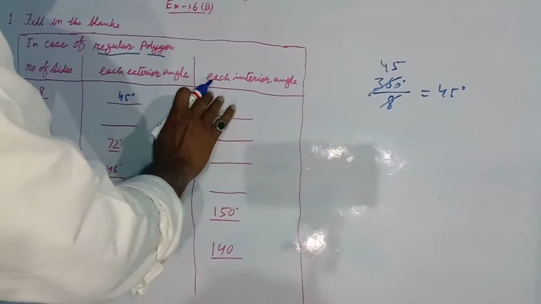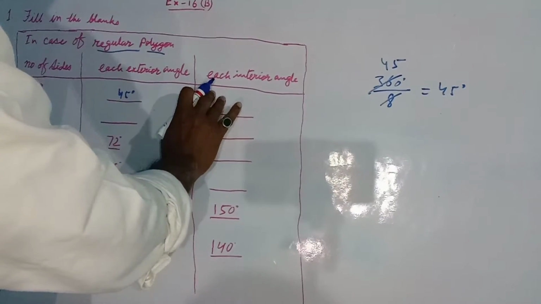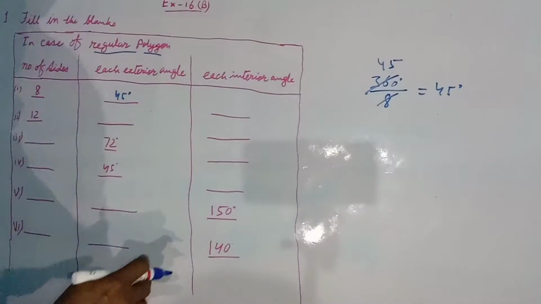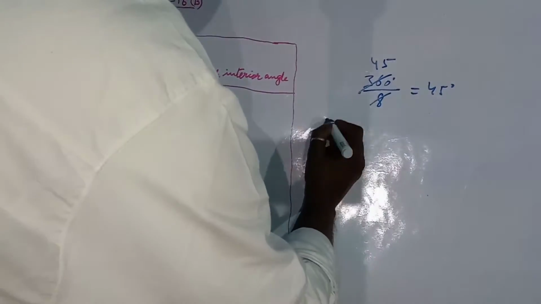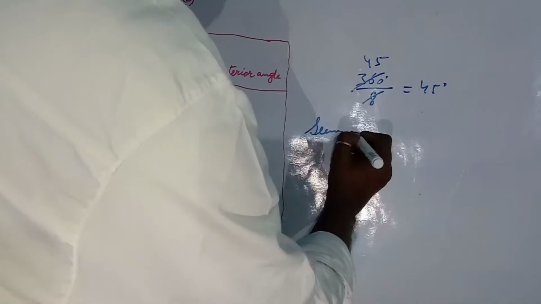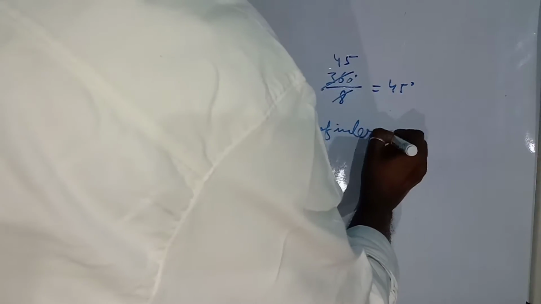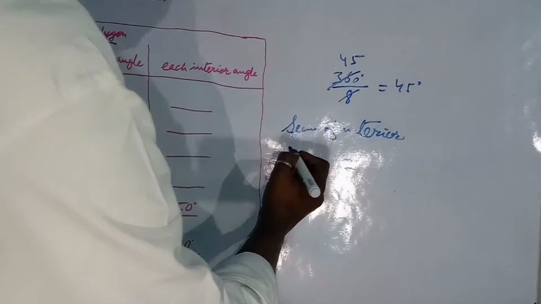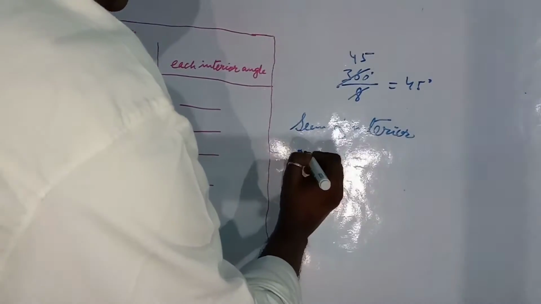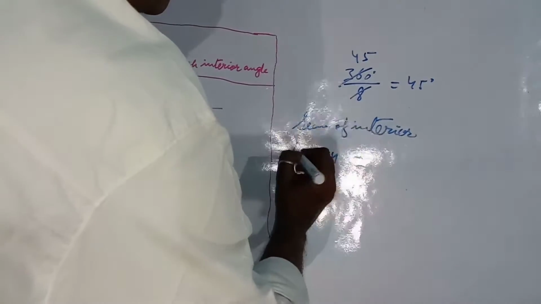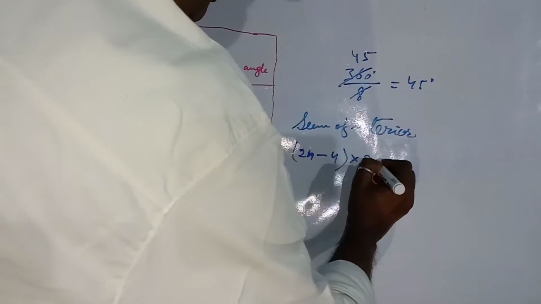Now the second part is to find each interior angle. To find each interior angle, first we find the sum of interior angles. As we know, the formula for the sum of interior angles, as we have done in exercise 16a, is (2n minus 4) into 90.